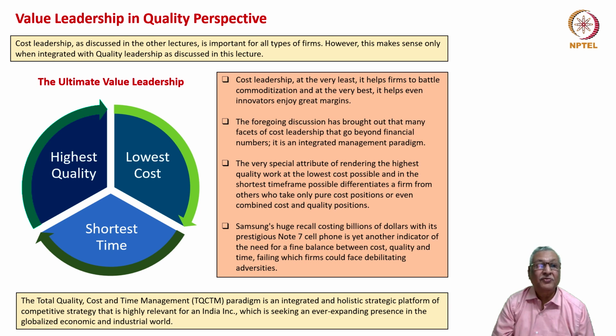So how do you generate value from a quality perspective? Cost leadership is very important and quality is very much visible. But when you integrate it with quality leadership, we have the ultimate value. Highest quality, lowest cost, shortest time. This is the triad which will drive value leadership from a quality perspective.